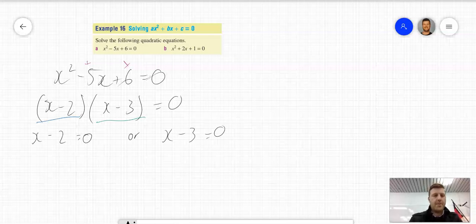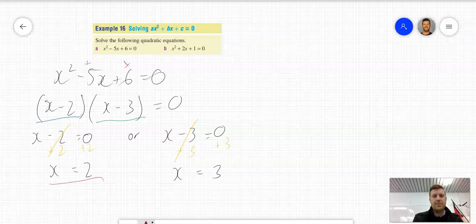Alright, we're going to solve these two, adding 2 and 3 respectively. So x is equal to 2. Sorry, I should have done that on both sides. Or x is equal to 3.